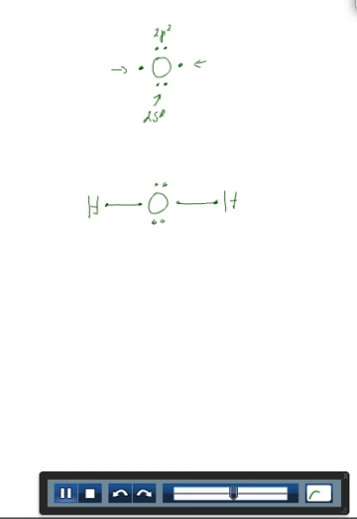And now what we do is we pair unpaired electrons with a bond. So we can form a bond between hydrogen and oxygen.